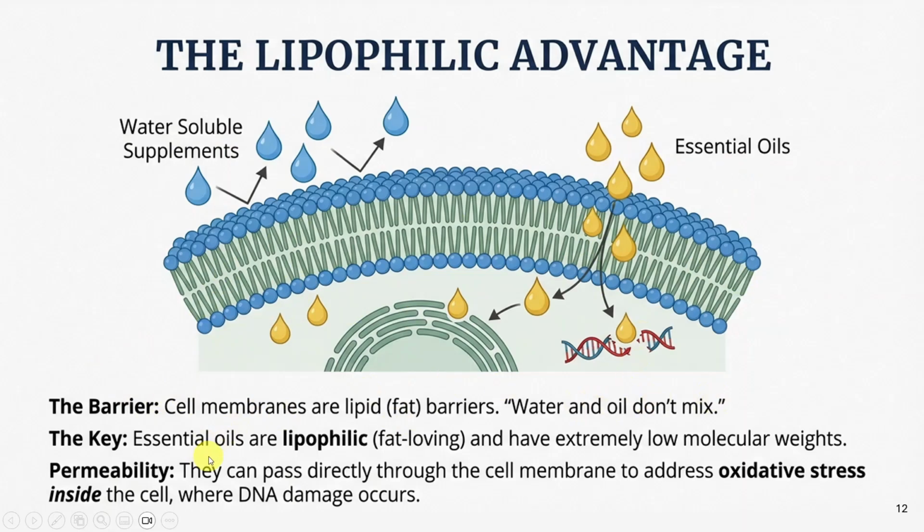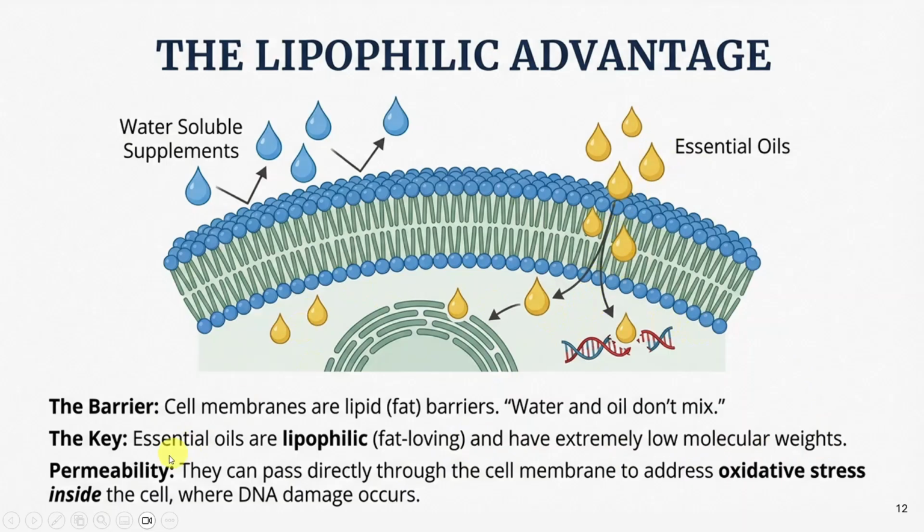The key is that essential oils are lipophilic, or fat-loving. All right? Who doesn't love some fat? Well, essential oils do, and are extremely low molecular weight. So they don't weigh much, and they're able to pass through and get to where they need to go.